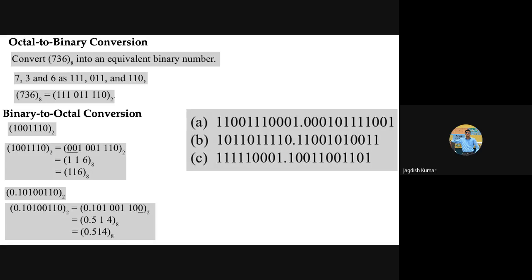Very good. Now I request you to proceed to C, the last example for today. What will be the answer for C? 761.4632. 761.432?